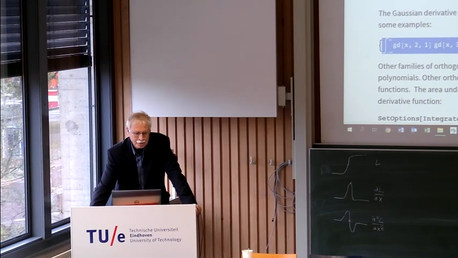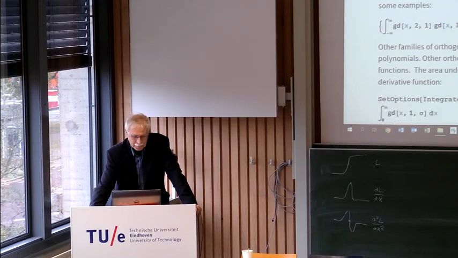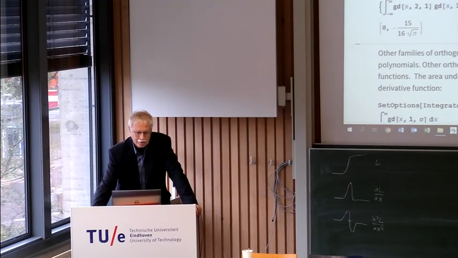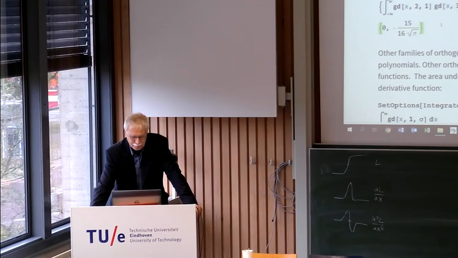If I take 1 and 2, you get 0, 1 and 3, you get 0, 1 and 4. Only if you take the same one, you get the product, the diagonal. But if you take any different functions, it is 0. That's called orthogonal. The Gaussians are not. The second with the third one is, but the second with the fourth one is not.